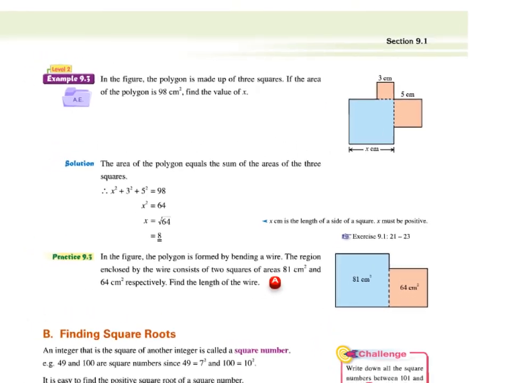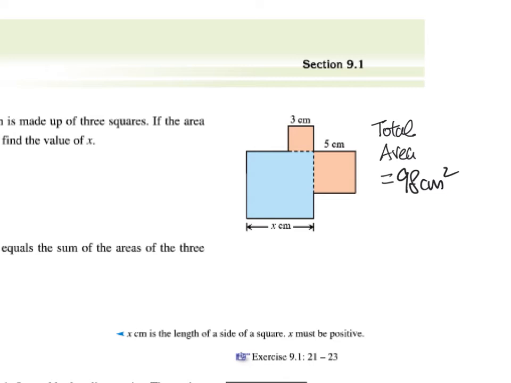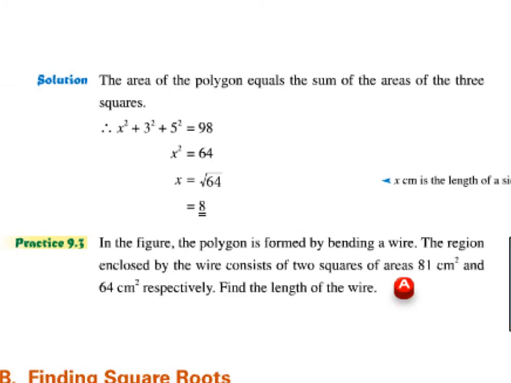In example 9.3, in the application question, given that the total area of 3 squares equals 89 cm square, you want to find x. This example is not difficult, but the key idea is that normally for a square case, there will be two answers.